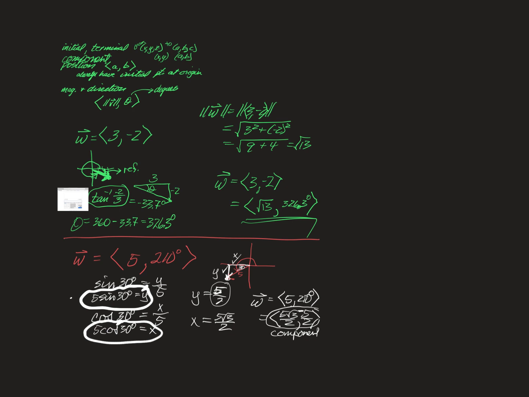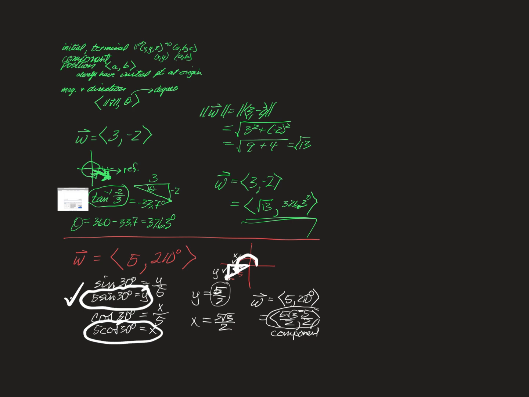So the question is, why did this not give me the correct negative sign? Well, because I used 30 degrees, which is actually a first quadrant angle, and I was looking at this as just a triangle. But in vectors, we don't have to look at it as just a triangle. We can actually look at that whole angle all the way around.